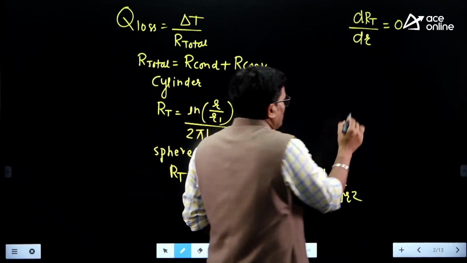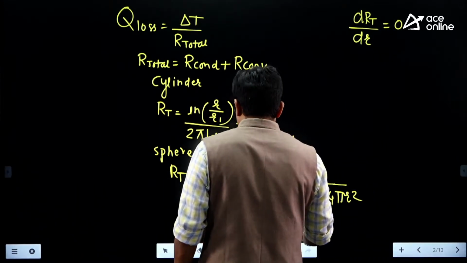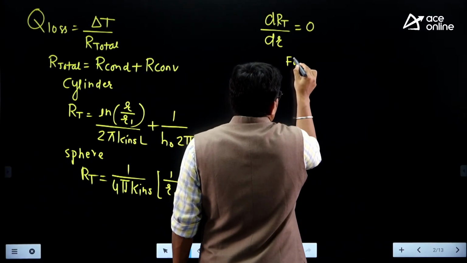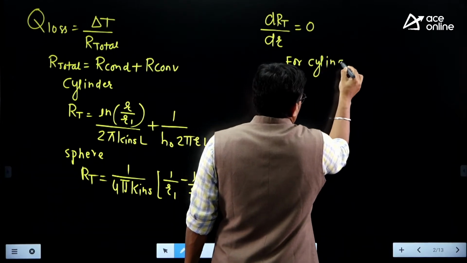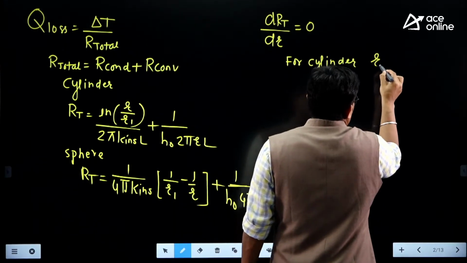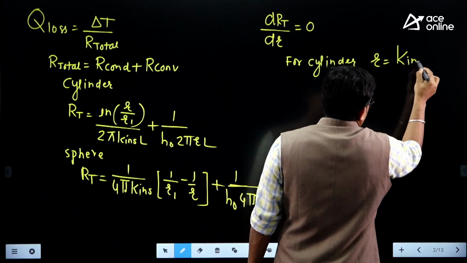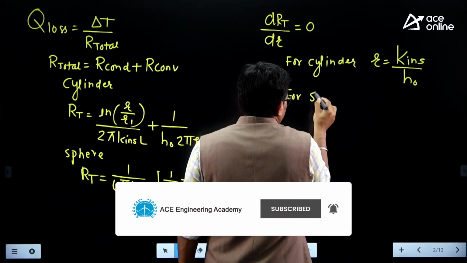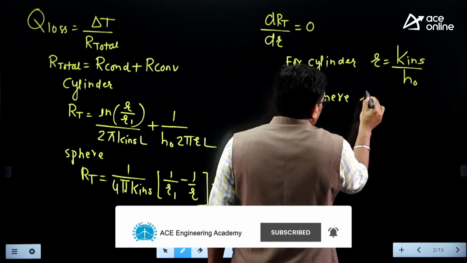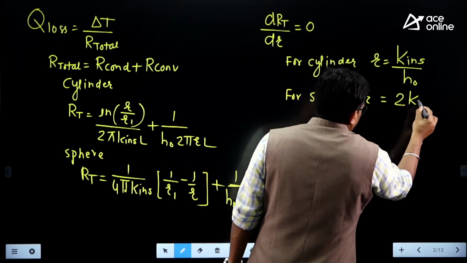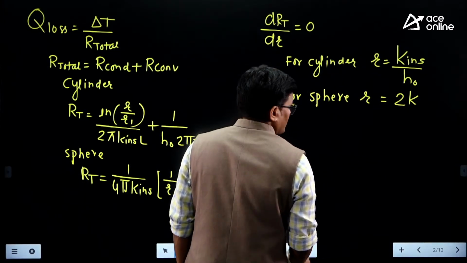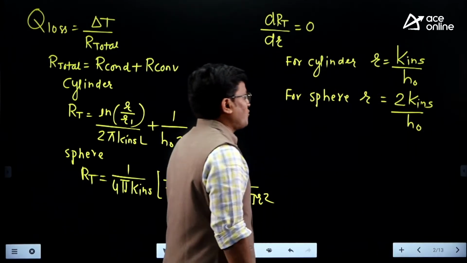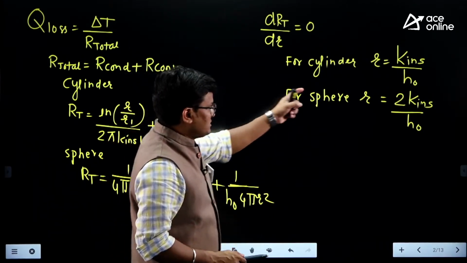If you do that, then for a cylinder we will get the radius equal to K insulation by h outer, and for a sphere R is equal to 2K insulation by h outer. So these are the two formulas you will get.